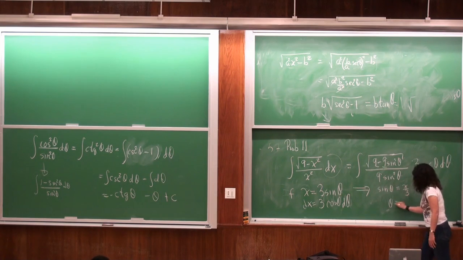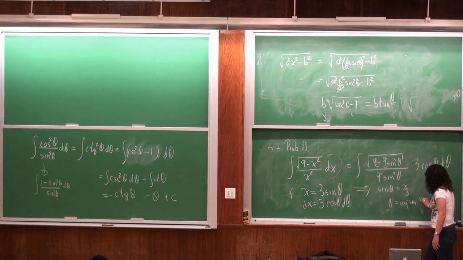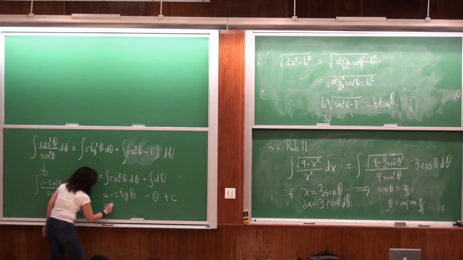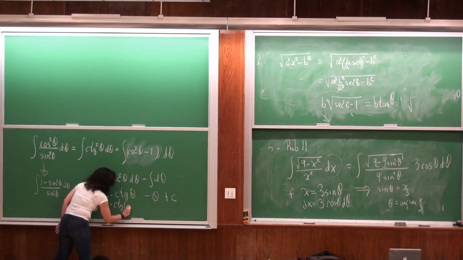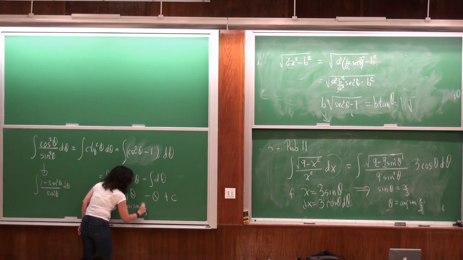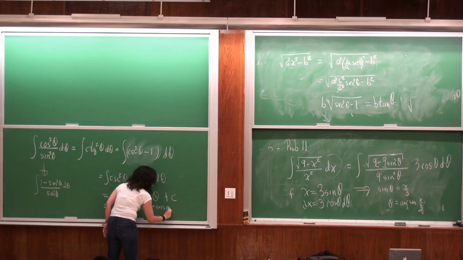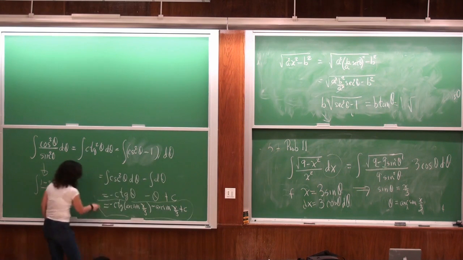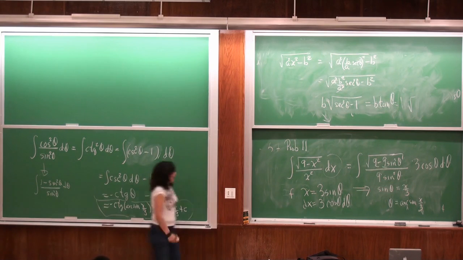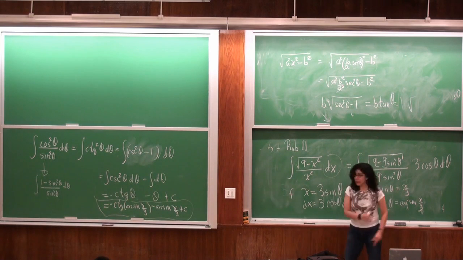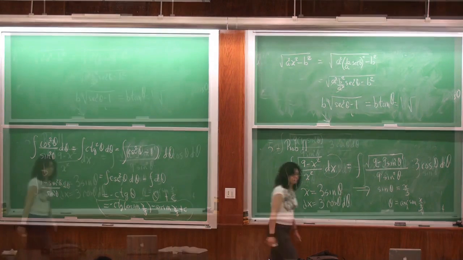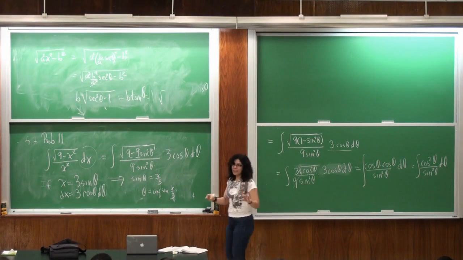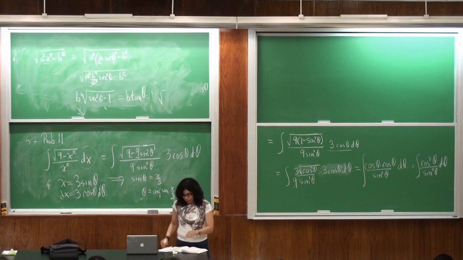So theta is going to be equal to arcsine of x over 3. So what I can do here is write this as minus cotangent of arcsine of x over 3 minus arcsine of x over 3 plus 1. That's my answer. So this integral that looks horrible is much easier if I change it to that. I mean easier. I'm not saying it's easy, but it's easier.